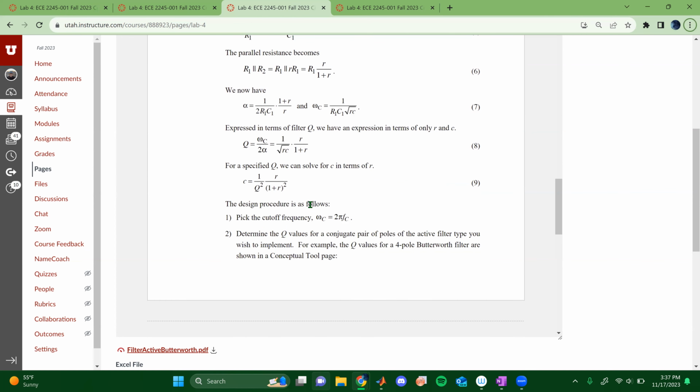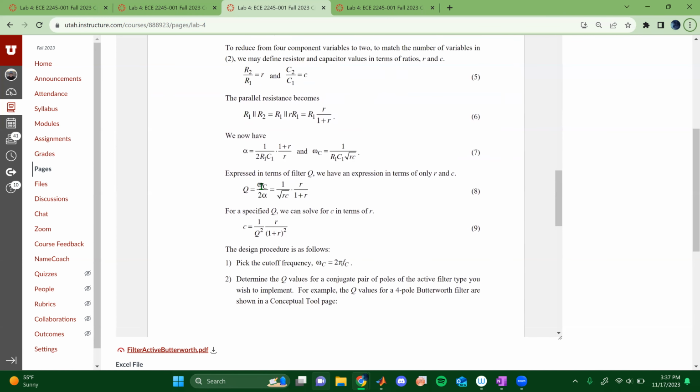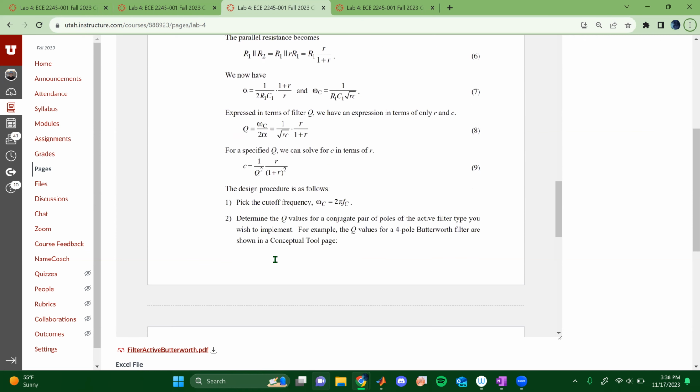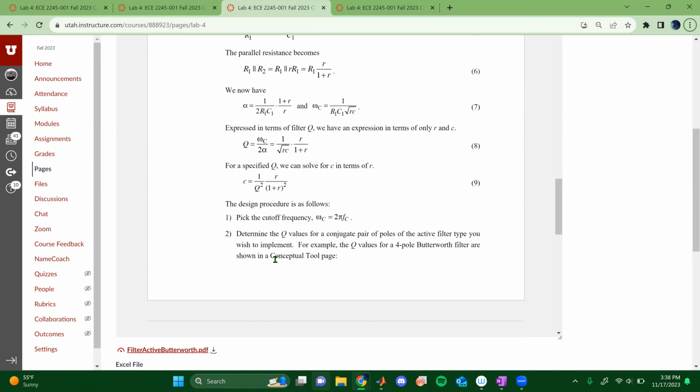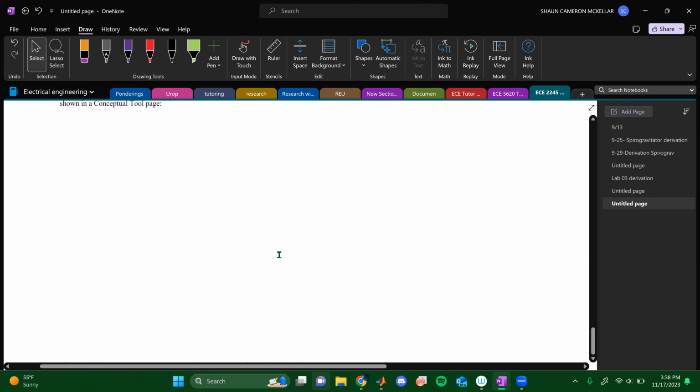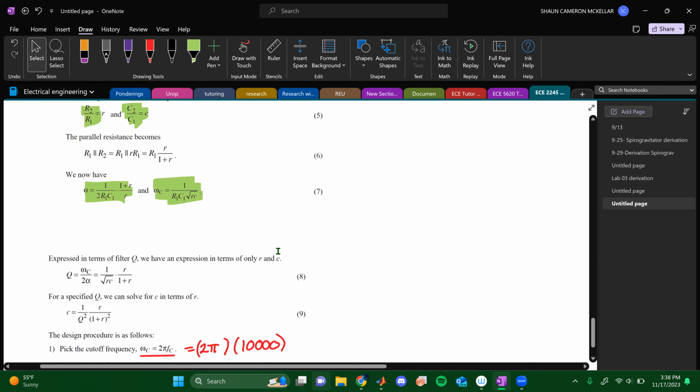So that's what they did, and it's one approach for sure. But from here, we basically go about finding our actual values for our resistors and capacitors based on Q. So let's do that with the equations that we have written. It's the same approach either way.